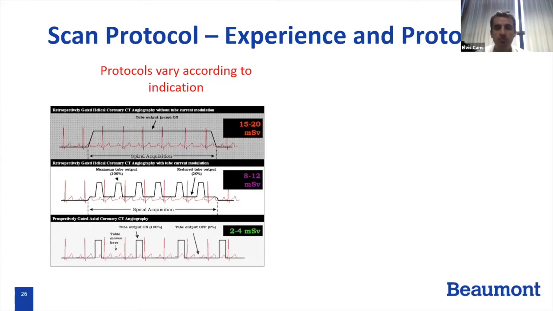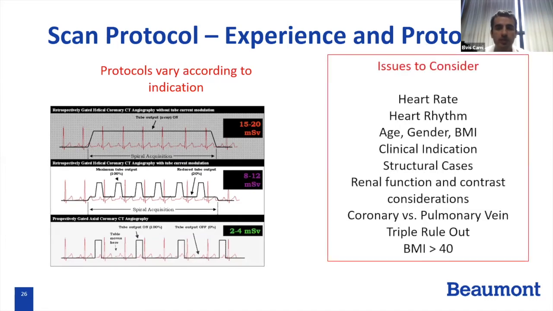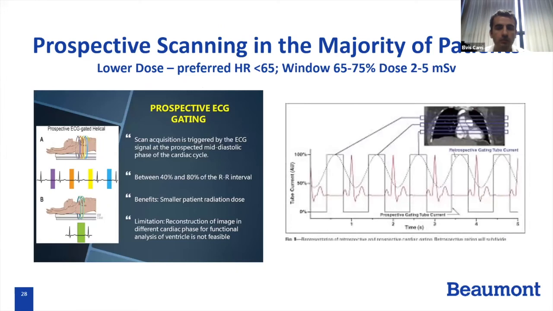And that's a decision that's done on a case-by-case basis. Again, this is our most common scan, which is prospective gating.